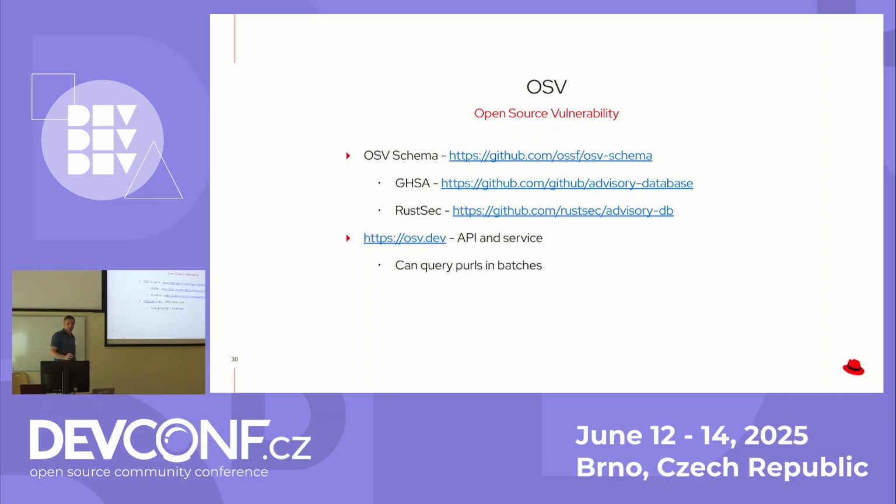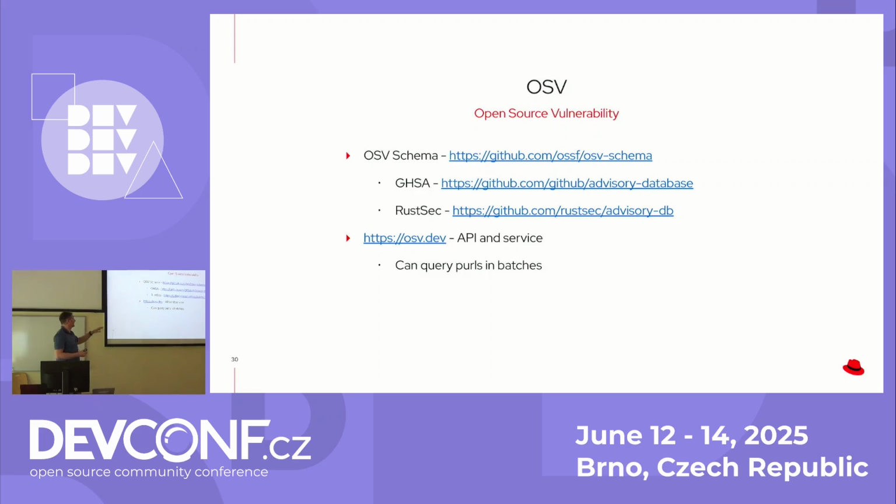One is the OSV schema. It's similar to the JSON schema of the CVE records, which allows everybody to publish their advisories and vulnerabilities in the same format, and it's widely used today. For example, GitHub GHSA advisories are published like that, RustSec and everything.